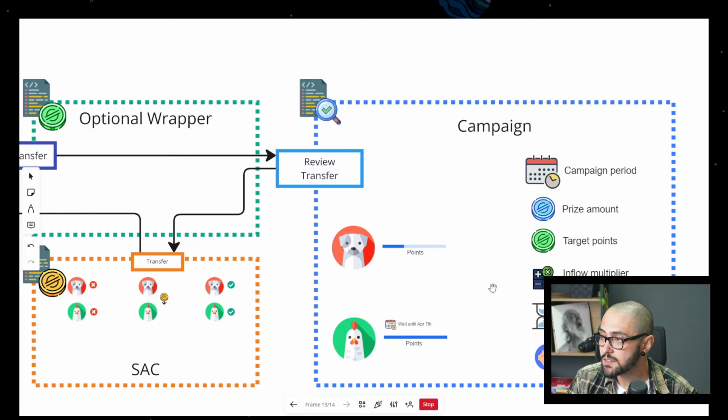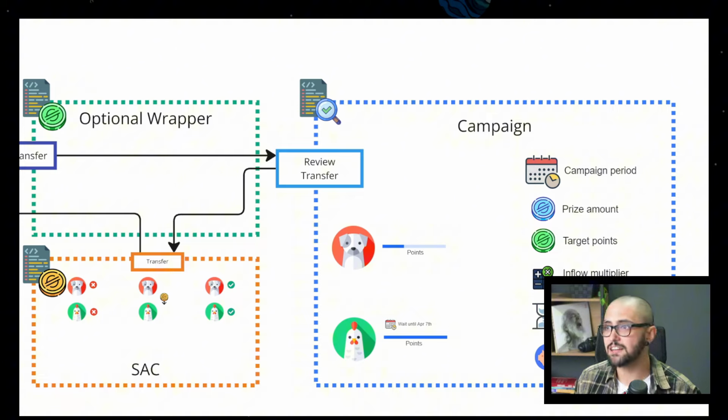And once someone reaches the prize and gets the prize, we have a wait interval. This is a way of playing with how many times you will allow someone to get the prize through the campaign. You don't want people spamming transactions and just accumulating a lot of points between their friends just to get the prize. So you set an interval.